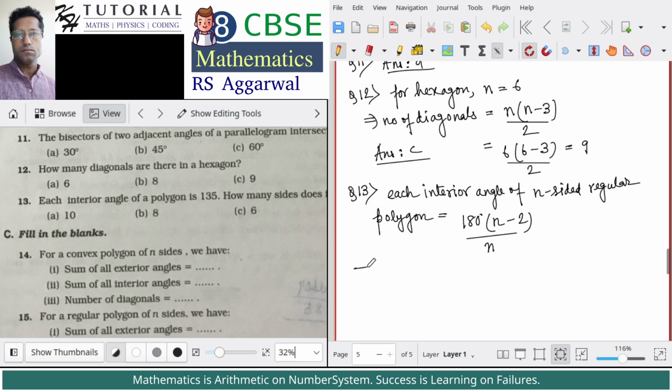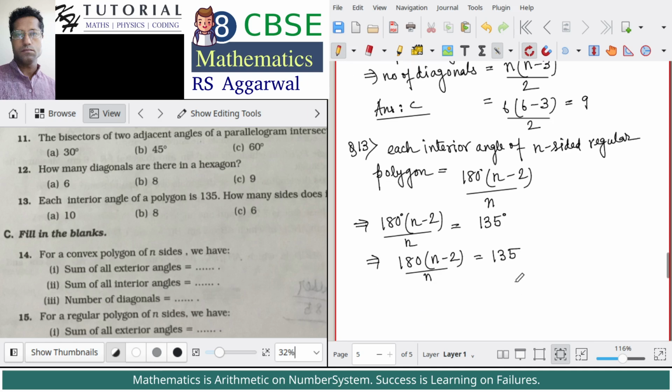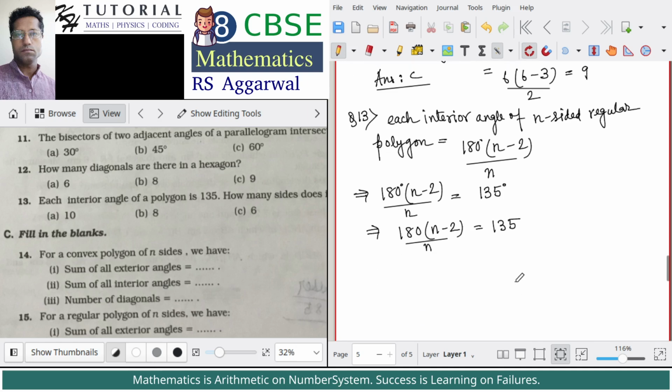So 180 degrees multiplied by n minus 2 by n, with each interior angle given to be 135 degrees. If we ignore the degree, we have 180 multiplied by n minus 2 divided by n is equal to 135. We have to find n, where n is the number of sides of the polygon, which will obviously be a regular polygon.